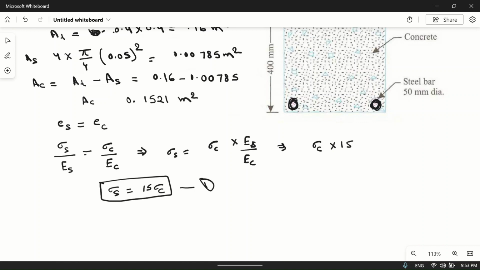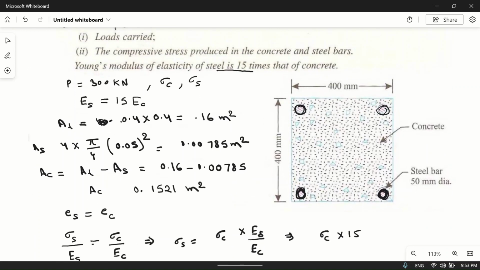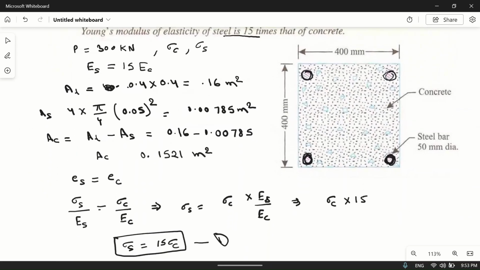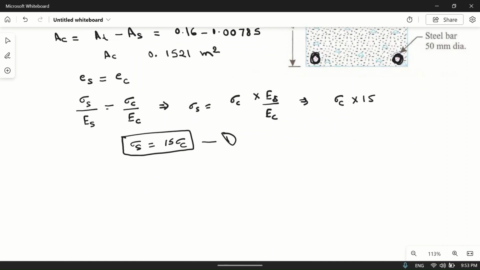Now we have seen that the total compressive load carried by this column is 300 kilonewton, which is equal to 3 lakh Newton. So load on steel plus load on concrete is equal to 3 lakh Newton. Force is equal to stress into area.